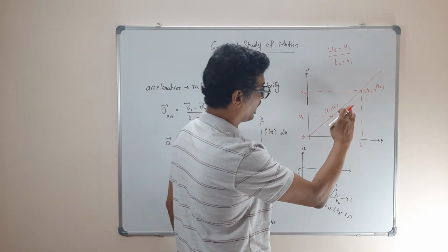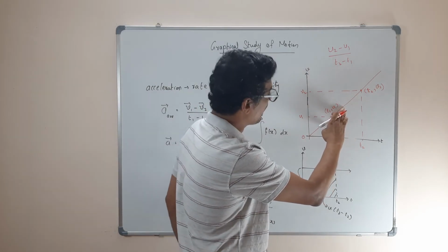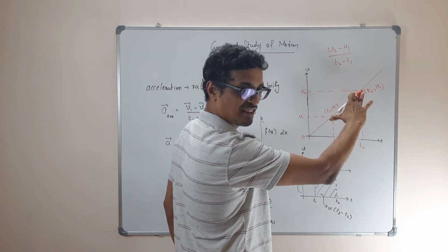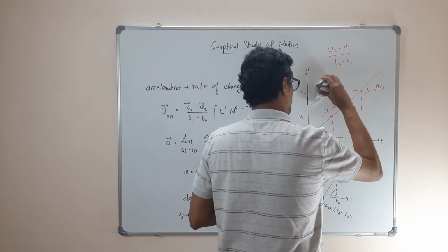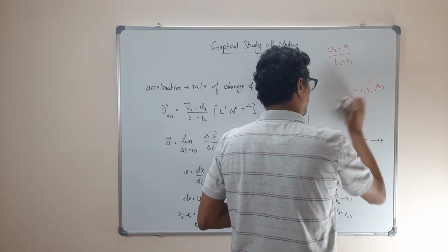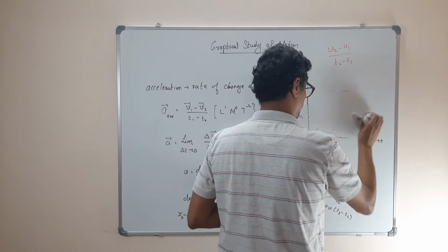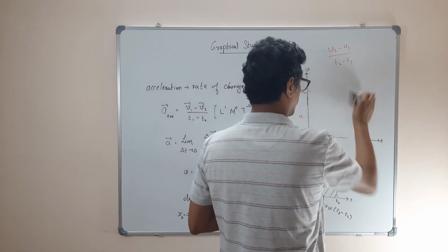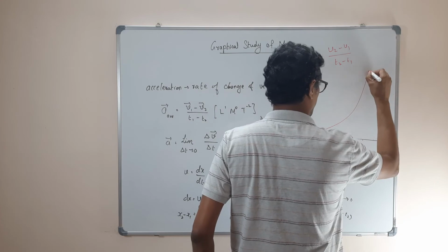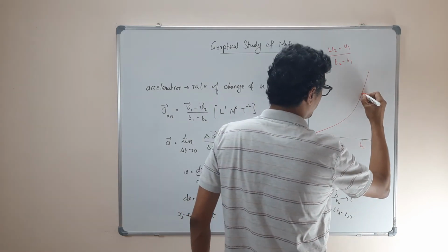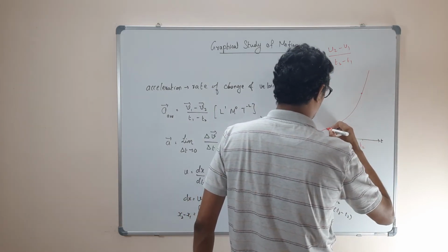Am I right? You take the slope at any point, that's going to be the same as the slope calculated from 2 points. The moment it is non-uniform acceleration, what do you mean by non-uniform acceleration? That means it's going to have a curve like this. In this case, the slope will be for any 2 points.